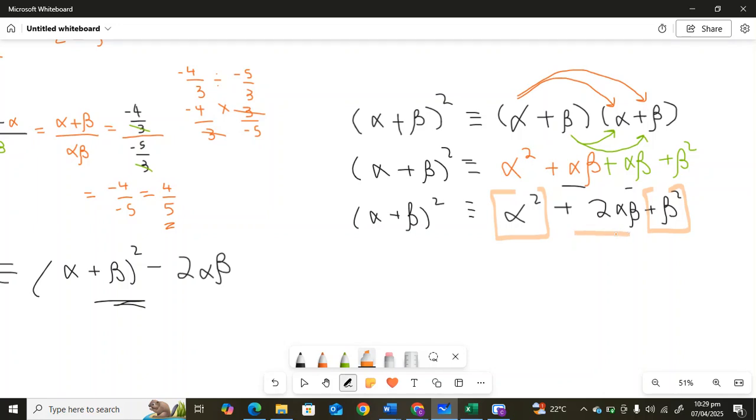So this positive 2 alpha beta is going to go this side here. So we have alpha plus beta squared minus 2 alpha beta is the same as saying alpha squared plus beta squared.